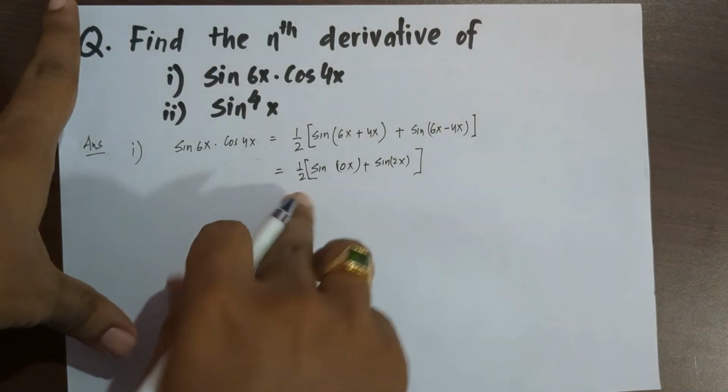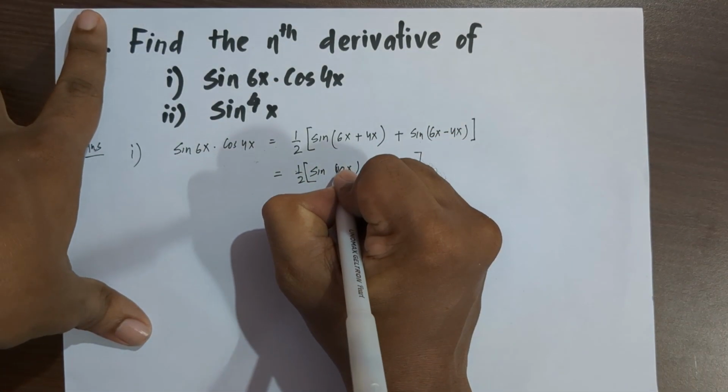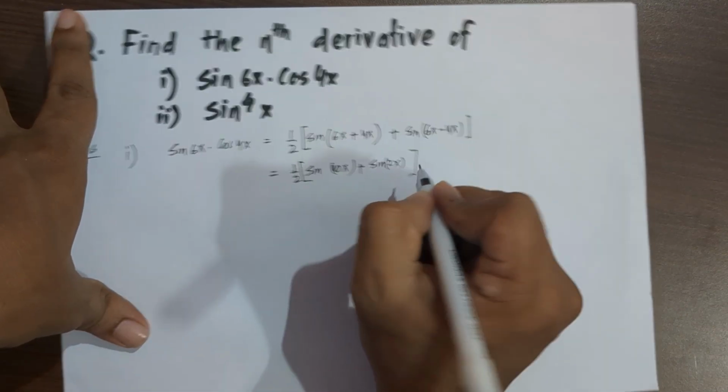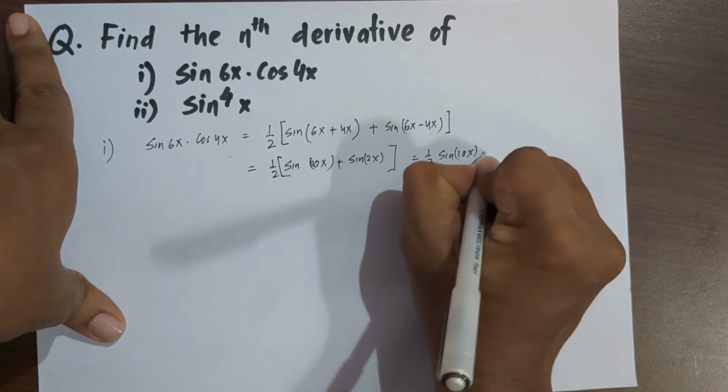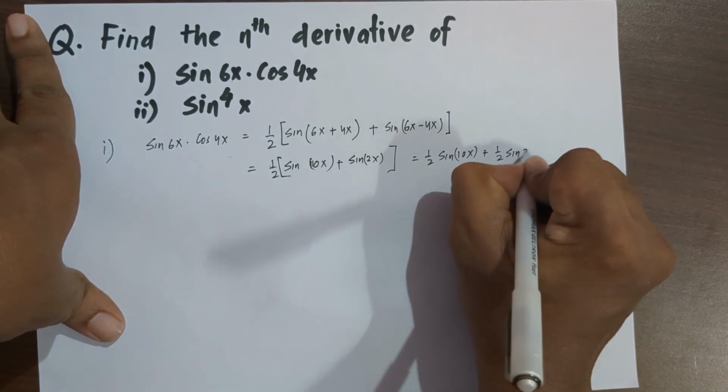And we already know how to find the nth derivative of sine 10x and sine 2x. So this is half sine 10x plus half sine 2x.